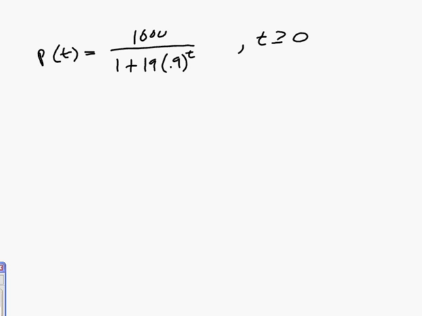So what we're supposed to do is estimate the range of this problem. And just so we're clear, this function is supposed to represent population of rabbits on some island somewhere. Okay. So we're supposed to estimate the range of this thing.